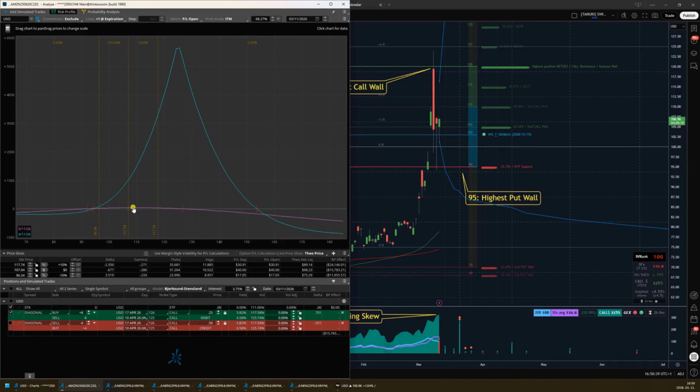This is what I opened yesterday, a core diagonal spread on the upside for April 10 and April 17. And there is only one strike difference between 125 and 126. And there is a small downside risk, but a higher upside risk.